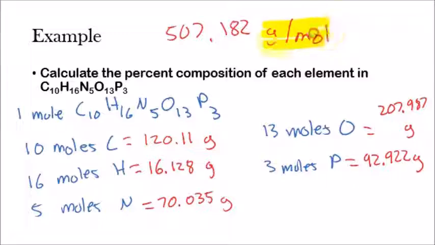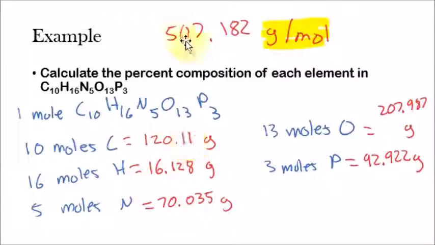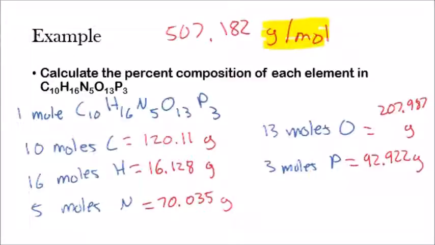Okay, so anyways, from here, let's go ahead and find the percent composition of each element. So let's start off with carbon. So for carbon, it's going to be this divided by this, and multiply that by 100. So 120.11 divided by 507.182 times 100.